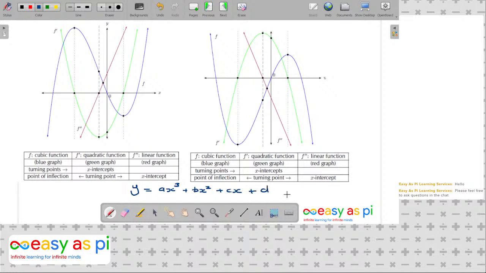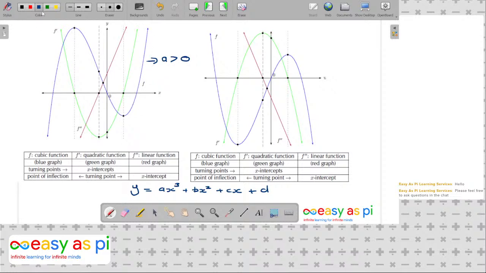In this form, remember when the a value is greater than 0, we have a cubic function that starts increasing, hits a turning point, decreases, hits a turning point, and increases.